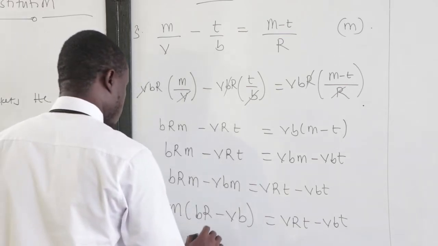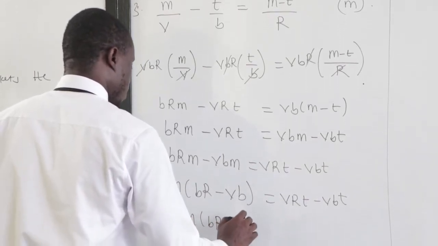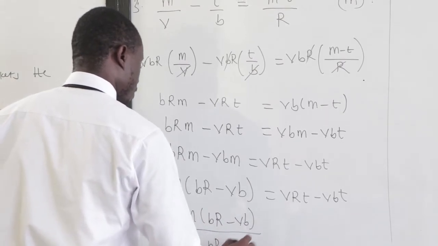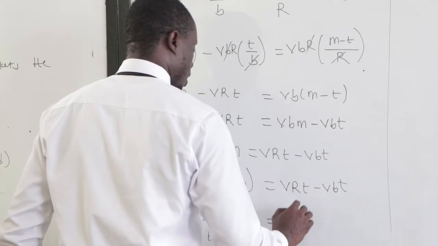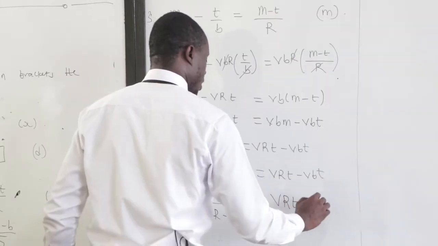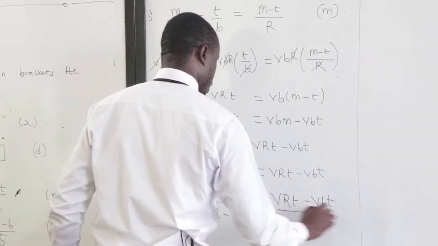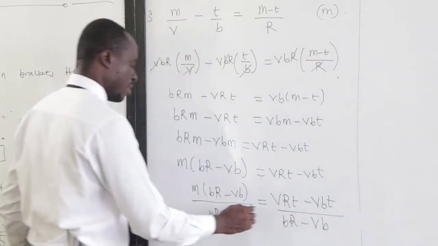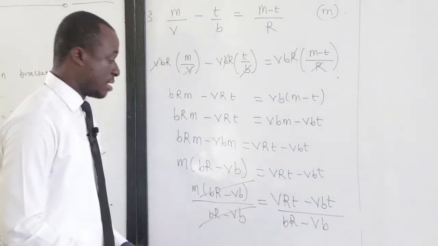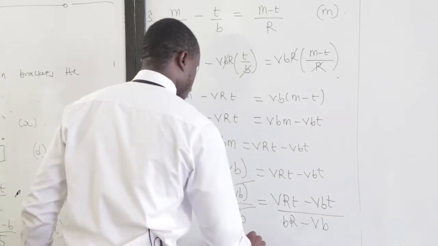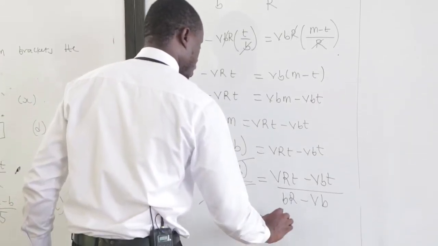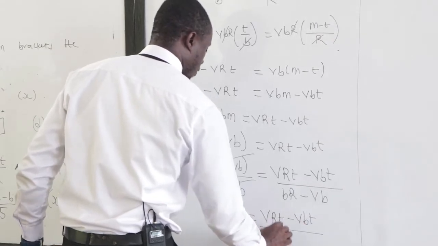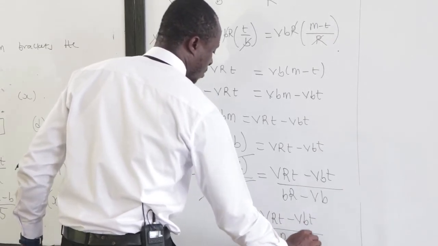So we have m into br minus vb all over br minus vb equal to vrt minus vbt all over br minus vb. Clearly this is cancelling out that, and we have our m to be vrt minus vbt all over br minus vb.